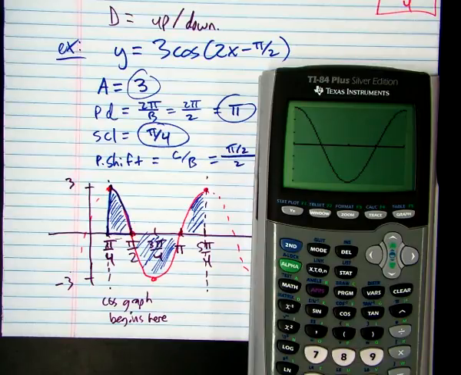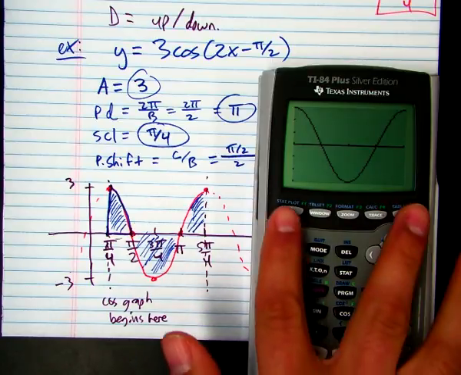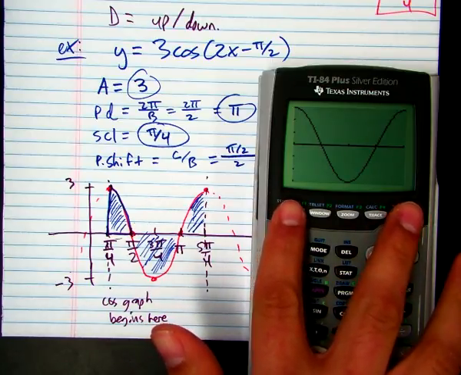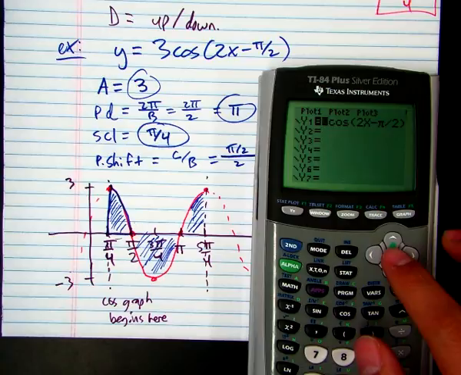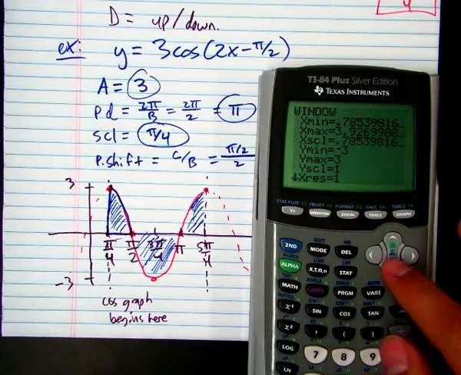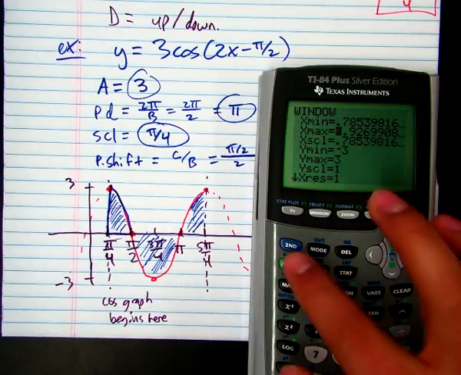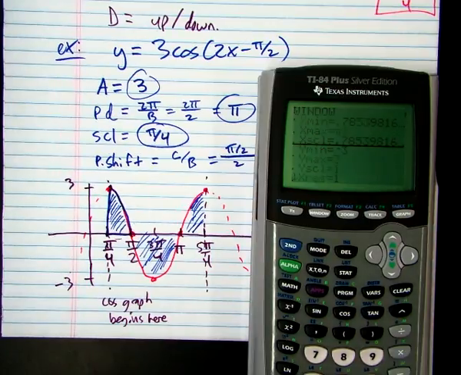Okay. So when you're working on your packets or your homework, this is going to tell you that you got it right. Obviously, if you put all the information in your calculator and let's say you messed up the window a little bit, you might see something like this, and you're like, oh, that's looking pretty good, and then all of a sudden it doesn't go back, right?